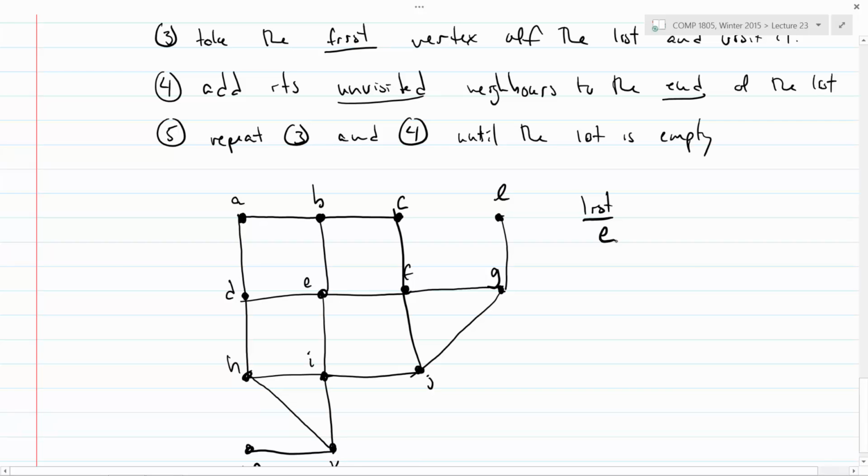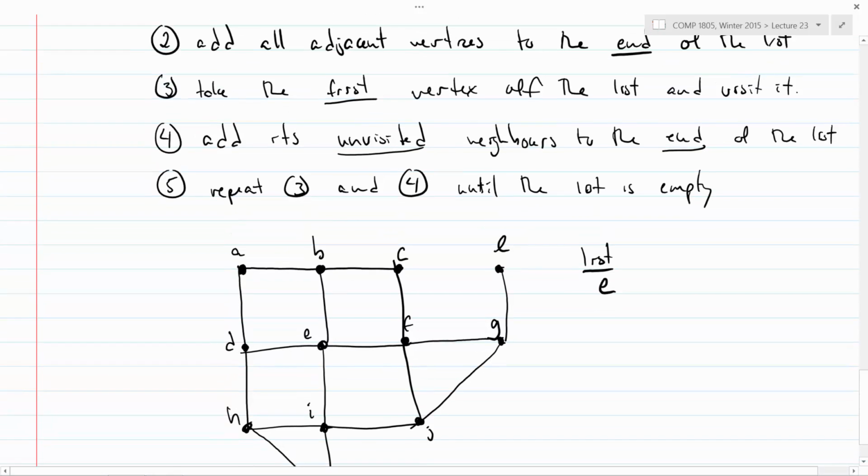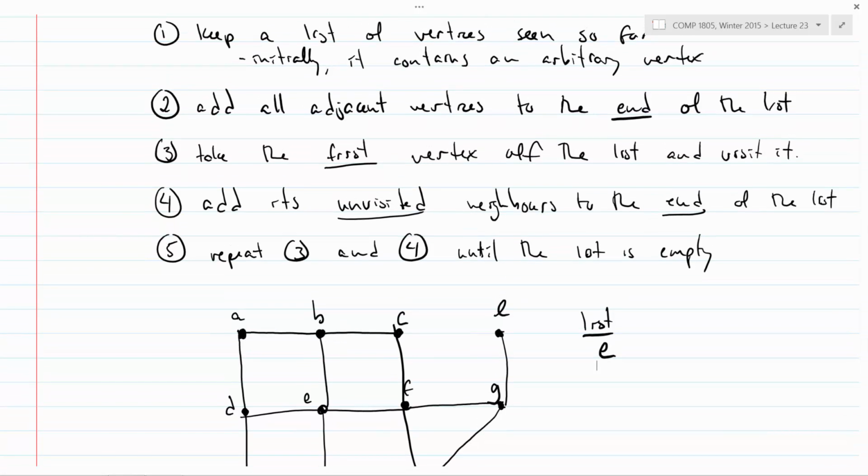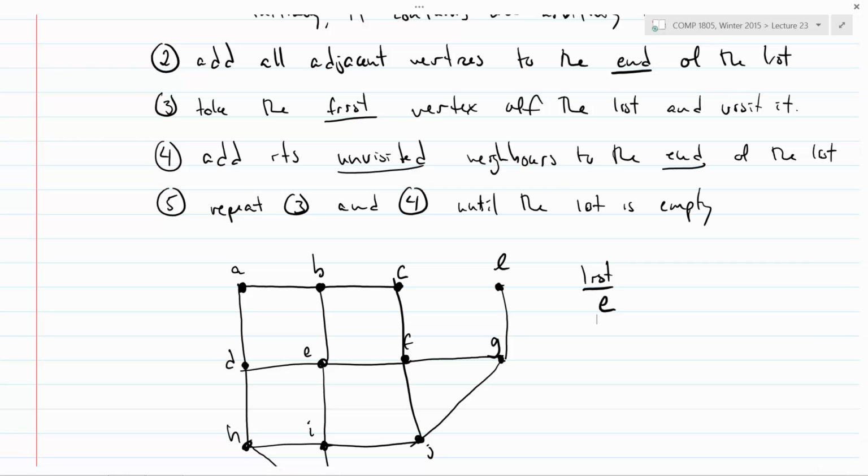And I'm just starting at E arbitrarily. You can start anywhere you like. So that's step one. Initially it contains an arbitrary vertex. So now I add all adjacent vertices to the end of the list. The vertices that are adjacent to E are B, D, I, and F.